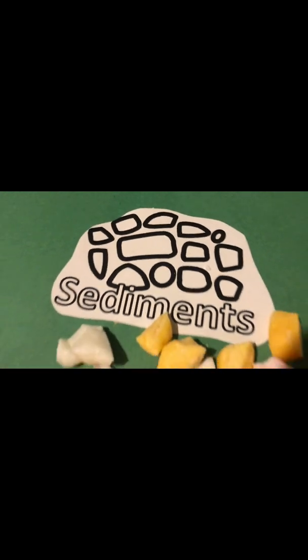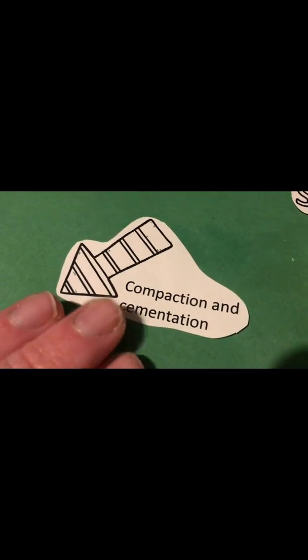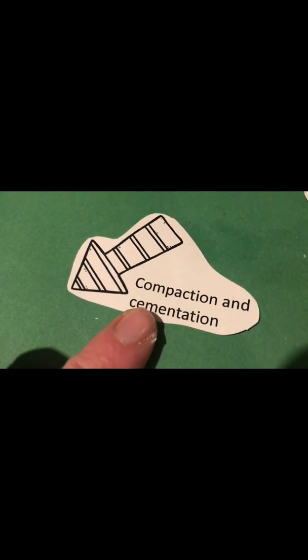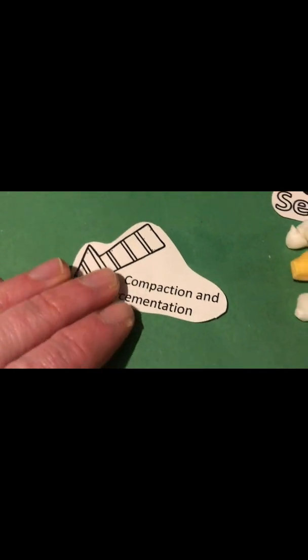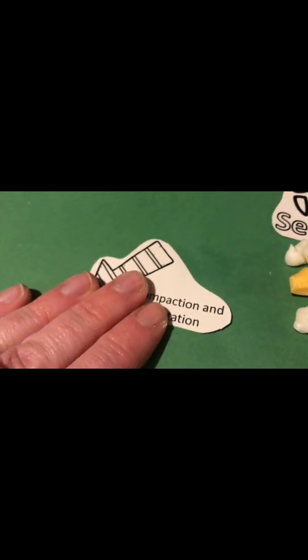Now, what happens with these sediments is they go through 2 processes called compaction and cementation. And what that means is that they are squeezed together in layers. So let's see how we do that now.